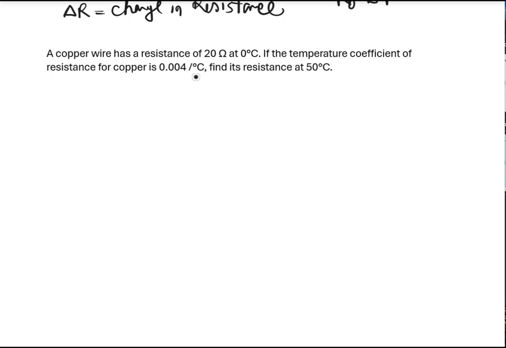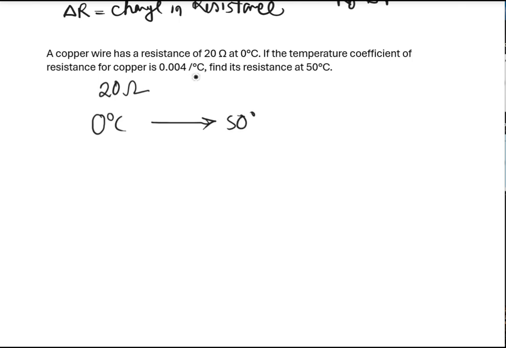Let's start with an example. A copper wire has a resistance of 20 ohm at 0 degree Celsius. As we explained in the theoretical part, at 0 degree Celsius the resistance is 20 ohm, and the temperature is increased to 50 degrees Celsius.